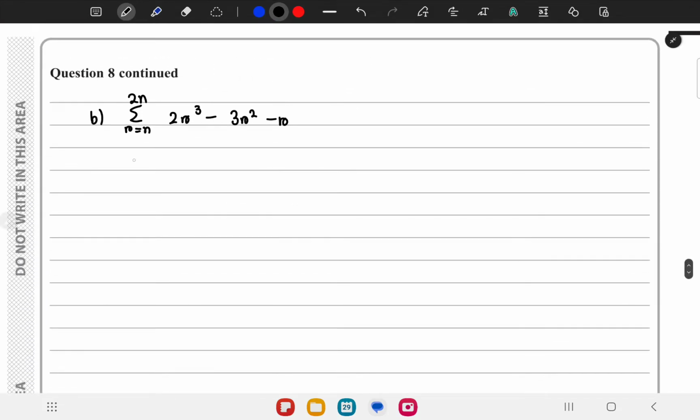We can write this as the summation of 1 to 2n for this expression, which we know, and then we subtract the summation of 1 to n minus 1 for the same expression. So 2r.